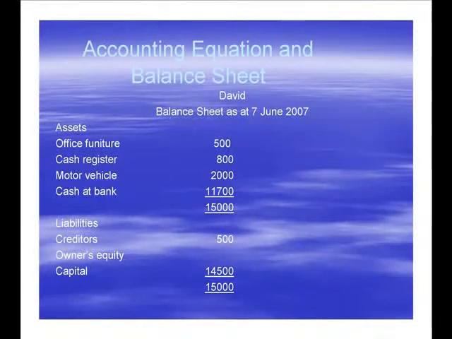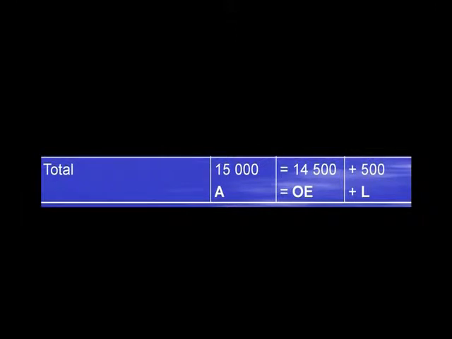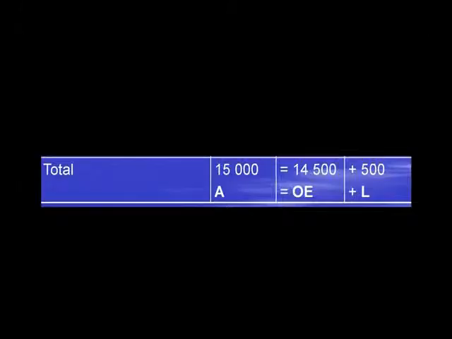Liabilities 500 only on this date. So therefore, asset equals owner's equity plus liabilities. Whatever the number of transactions you list down here, this is the final outcome. Assets equals owner's equity plus liabilities.